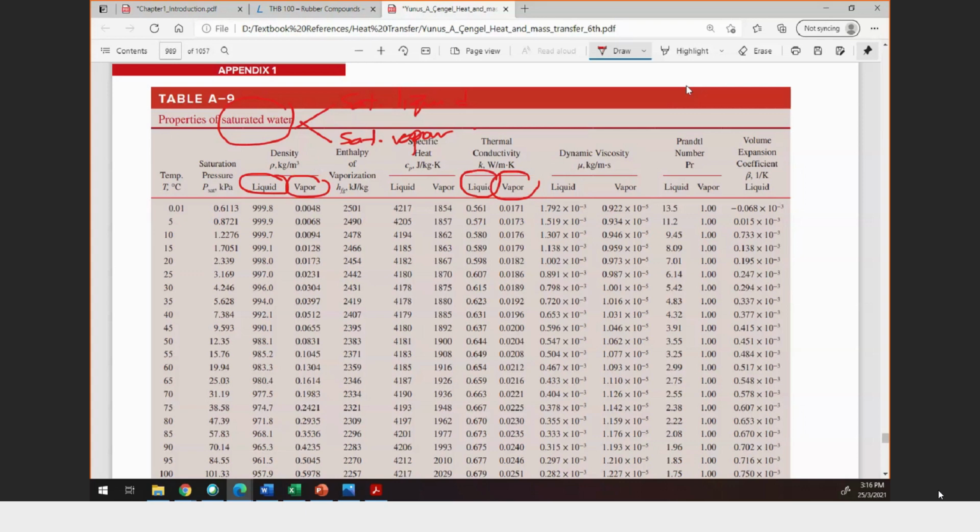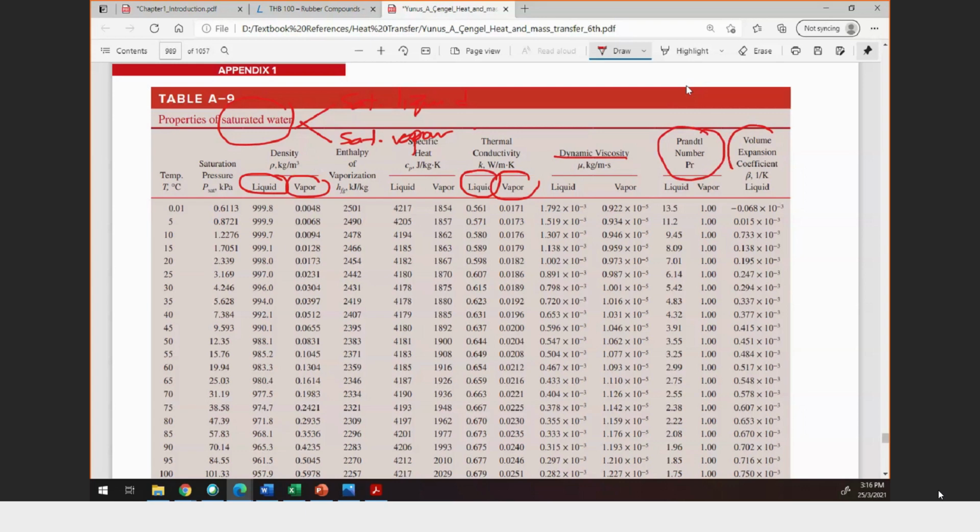And you have a dynamic viscosity. This one probably requires some knowledge of fluid mechanics. So the fluid mechanics knowledge you might need to apply in this topic as well. Heat transfer, Prandtl number. I believe you might use Prandtl number in fluid mechanics.